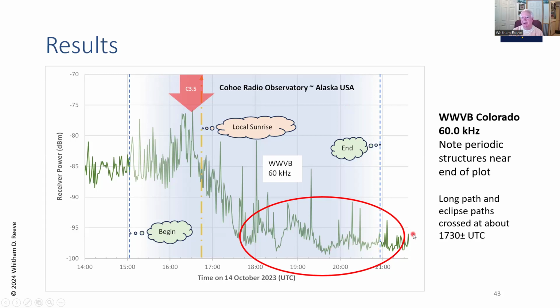The long path from Colorado crossed the eclipse path at about 1730, which would have been right here. Nothing obvious there, but there was a dip and then a peak, and whether or not that's eclipse related, I really don't know.